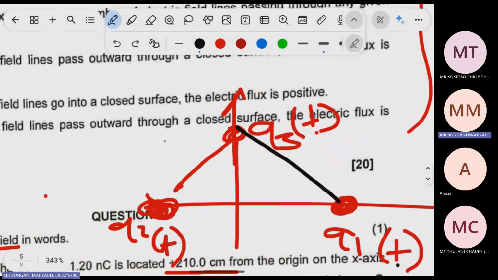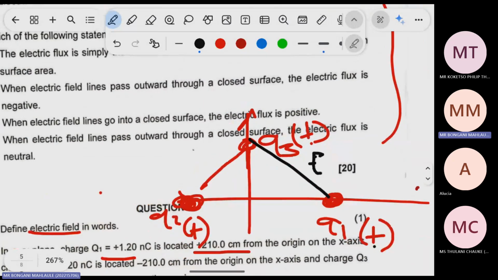So we know that there will be an electric field acting between these two particles, right? E31.